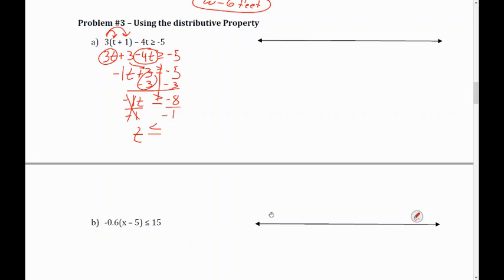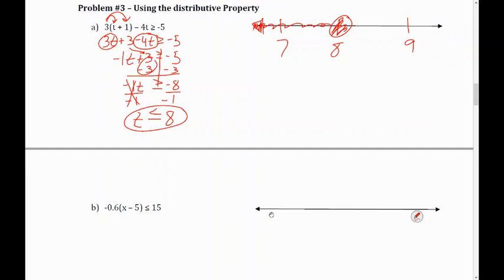So the greater than or equal to becomes less than or equal to 8. Take that over, 8 goes in the middle, 9 to the right, 7 to the left. Circle, we shade it in, and we move this to the left side. Okay. All right, there we go. Again, please feel free to pause the video if need be.